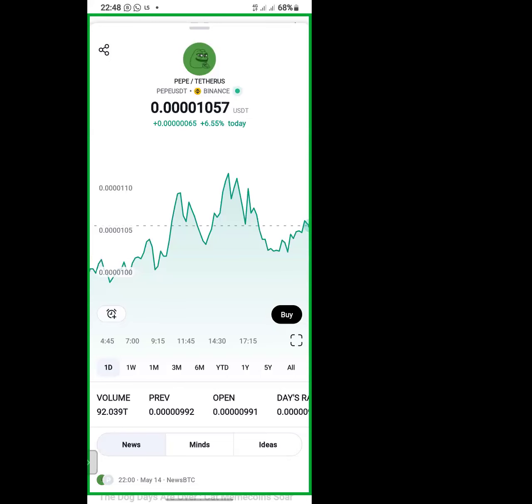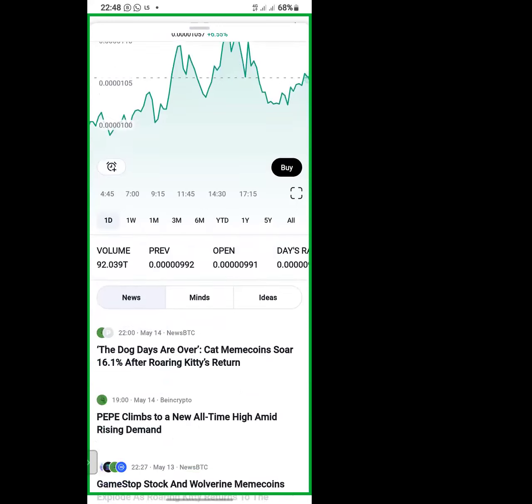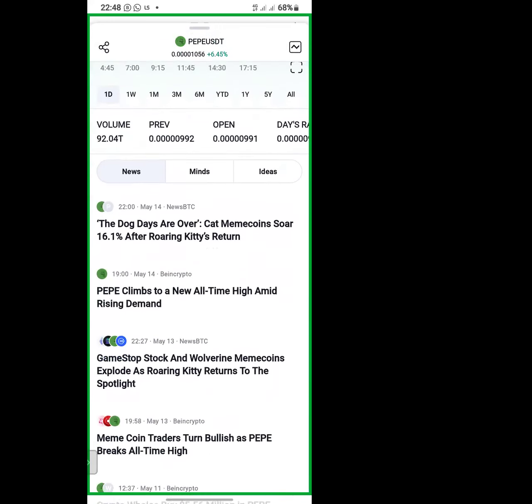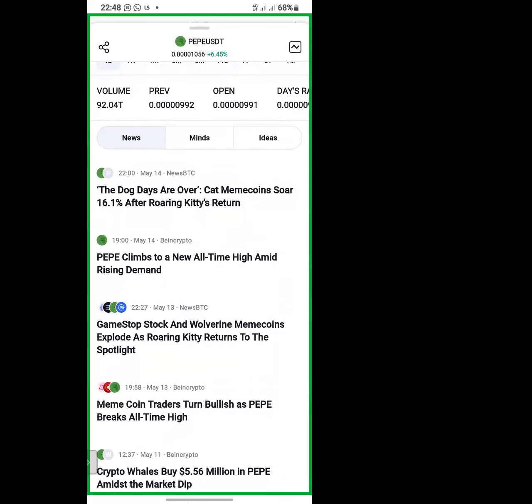You can see this is Pepe coin, and Pepe is a meme coin. You can see the news around Pepe. You can always read the news, because this is fundamental. It gives you a clear picture. If I'm going to trade Pepe, what's the news moving around Pepe?